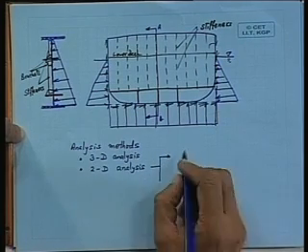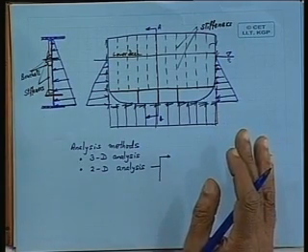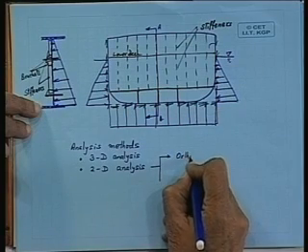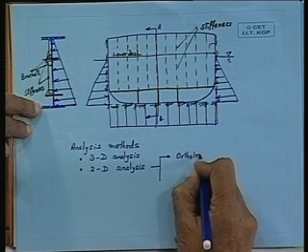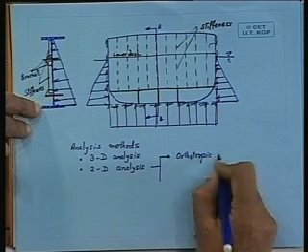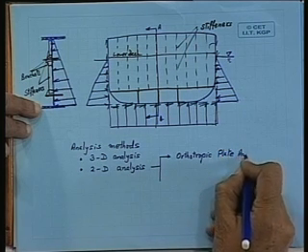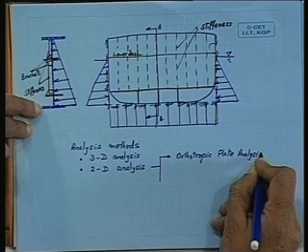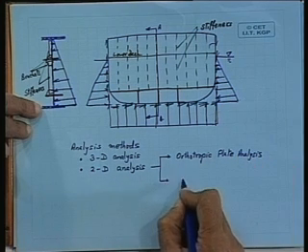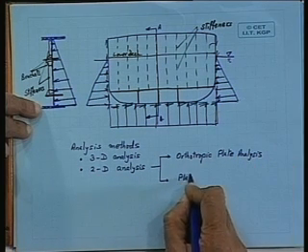There are plate and stiffeners and therefore two methods can be adopted here. One is known as the orthotropic plate analysis and the second one is plate stiffener combination.